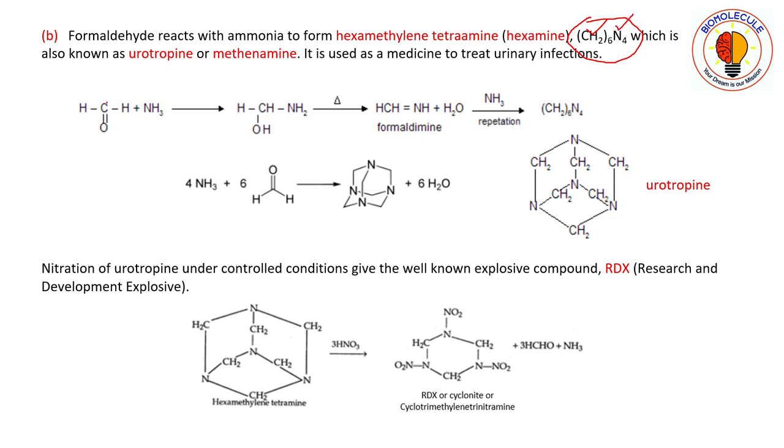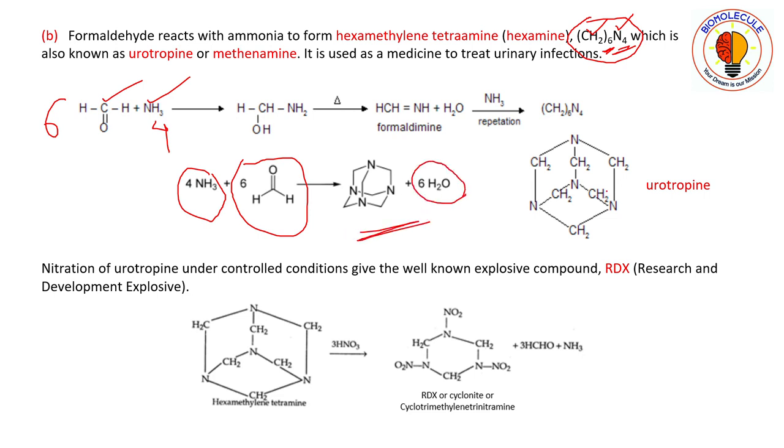So in formaldehyde there is only one carbon and in ammonia there is one nitrogen. So obviously you have to take 4 nitrogen to get N4, and to get (CH2)6 you have to take 6 molecules. So 6 molecules of formaldehyde will react with 4 molecules of ammonia, releasing 6 molecules of water and urotropin. That one was the 2D structure, and this is kind of a 3D type.